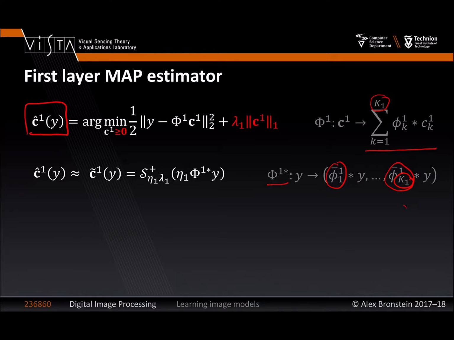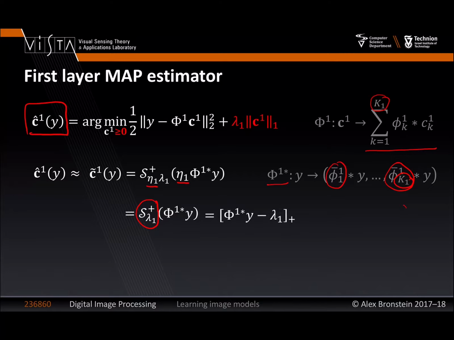Okay, so also another thing that I can simplify is this scale in the threshold and in the argument. So let's simplify this relation. It will just cancel each other, and I have simply this one-sided soft threshold with the threshold at lambda 1 applied to the adjoint dictionary phi 1 acting on y, the observed input.